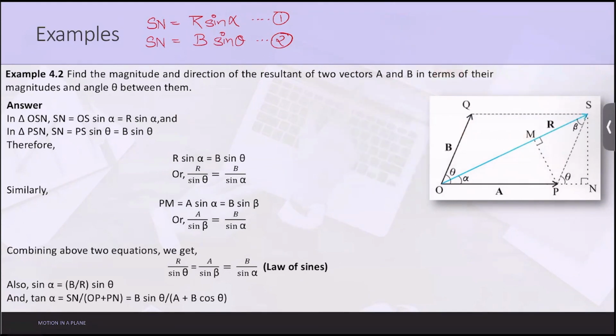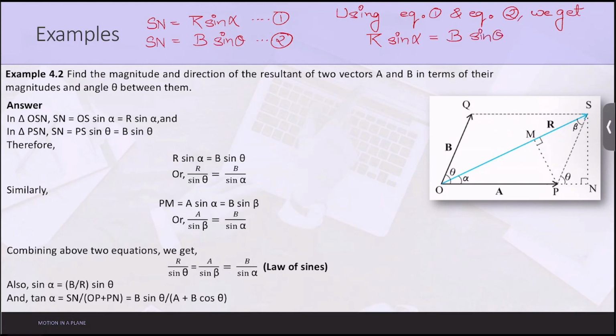Okay, so now Sn is equal to R sin alpha and Sn is equal to B sin theta. So using equation 1 and equation 2, what do we get? We get R sin alpha is equal to B sin theta.